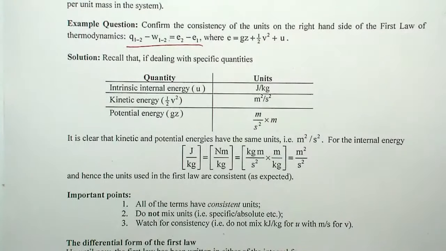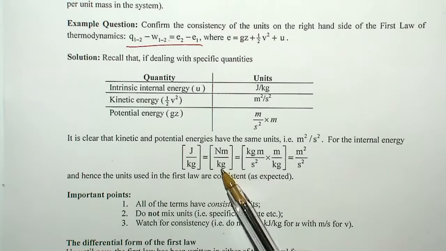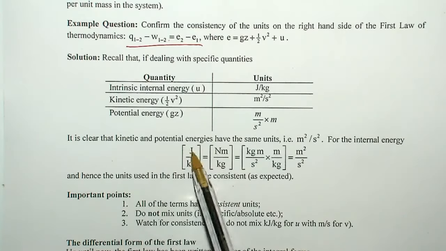When you start defining everything in base SI units, then we know that each component has to have the same quantity and the same property. So the left-hand side, we have joules per kilogram, which represents heat and work. That is the same as newton meter per kilogram. That's after you redefine J, because J is not a base SI unit.